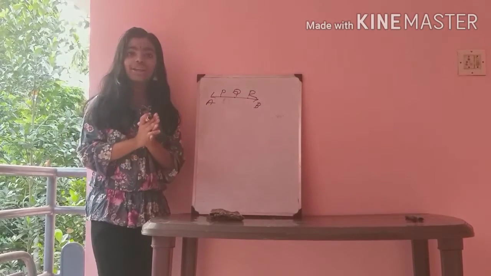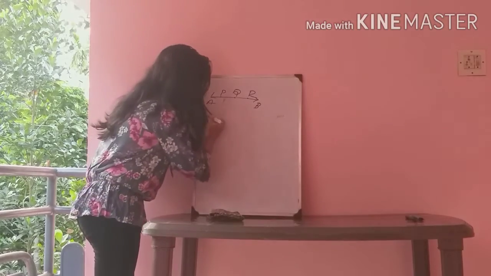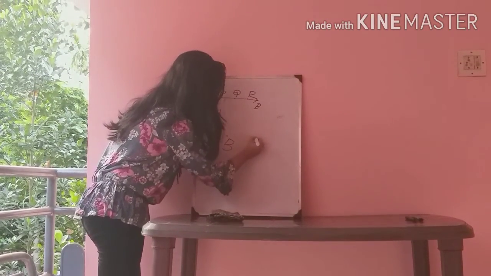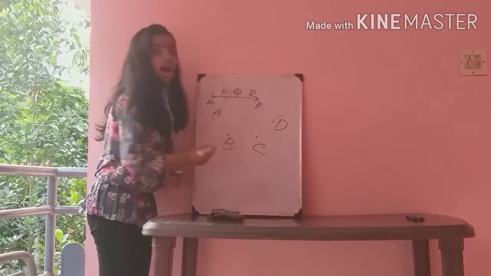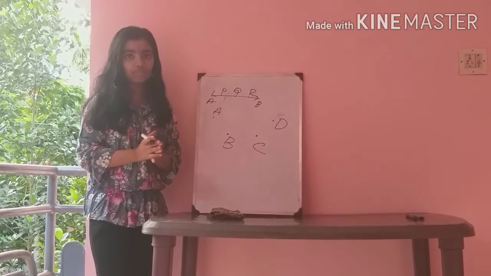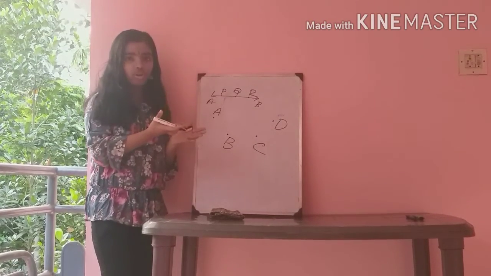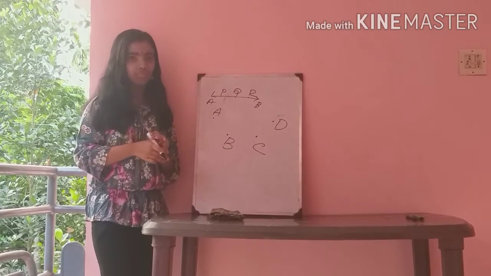Points which do not lie on the same line are called non-collinear points. For example, point A, point B, point C and point D are non-collinear points. Points can either be collinear or non-collinear, but it's impossible to be both at the same time.